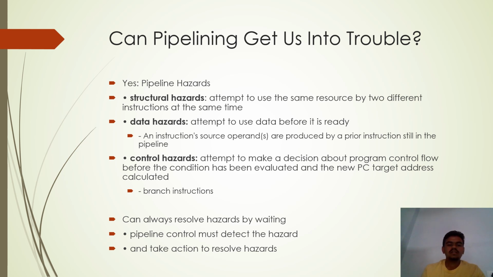And third is control hazards: attempting to make a decision about program control flow before the condition has been evaluated and the new PC target address calculated. This is branch execution. We can always resolve hazards by waiting.